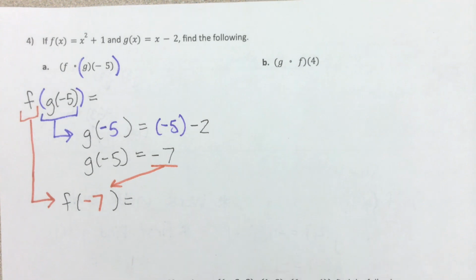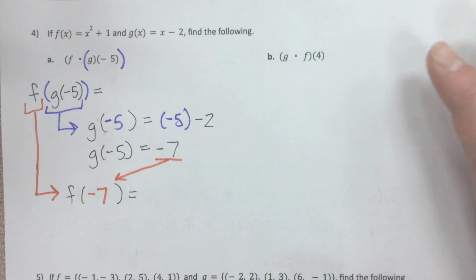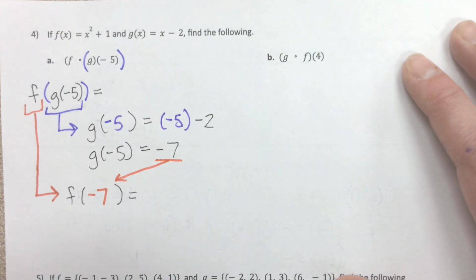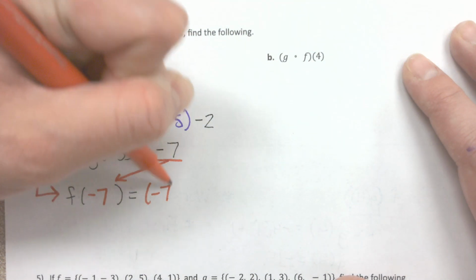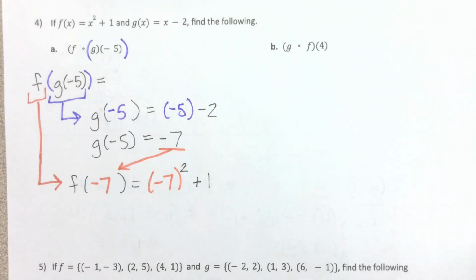This is one where I strongly recommend a calculator. When we add in more complicated things into the equation, extra things like exponents, more variables, more numbers in general, just makes it a little bit more complicated. That's just my recommendation. So negative 7 will go into x, and this is x squared. So negative 7 goes in the parentheses, and then we square on the outside, not on the inside. Plus 1.